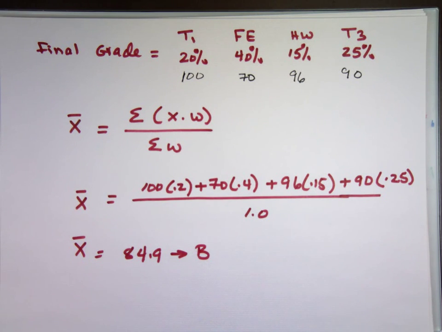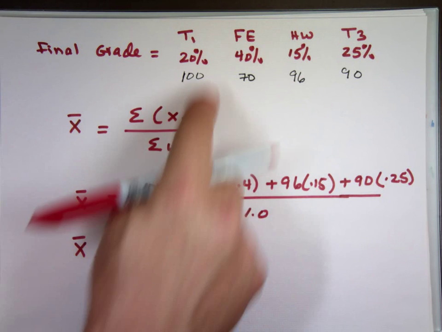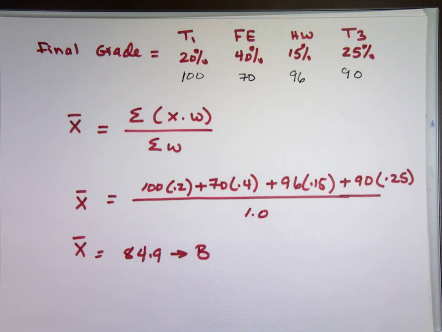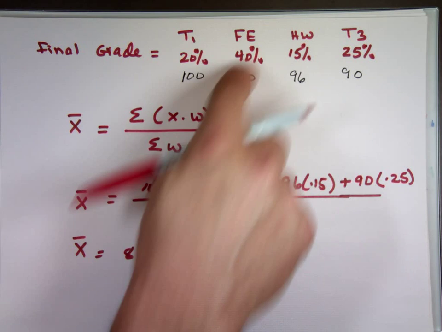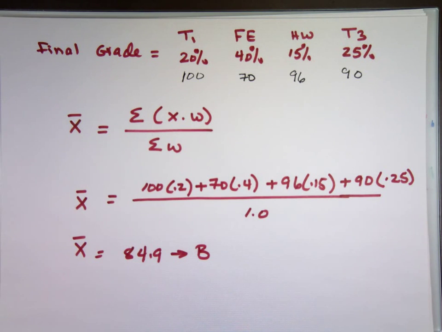Now, if you just took the scores and averaged them without looking at the percentage, if you just go 100 plus 70 plus 96 plus 90, you add them and you divide by 4, you got an 89. It should have been a B plus. No. The weight. So sometimes some of the values have more weight than others, so you have to include the percent or the weight of each one. So these are weighted means. That's why we use the letter W for that.